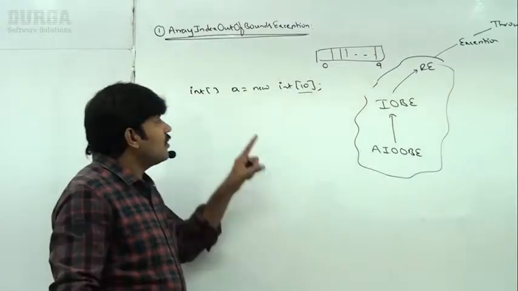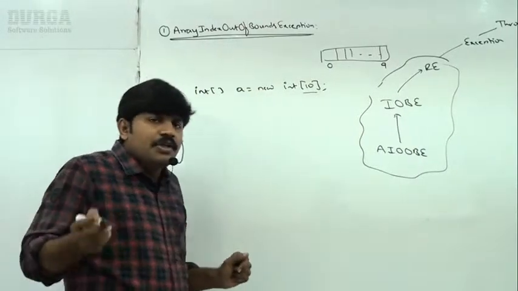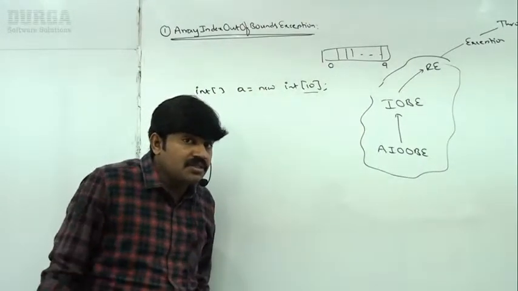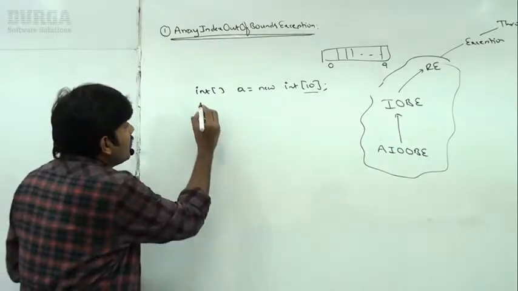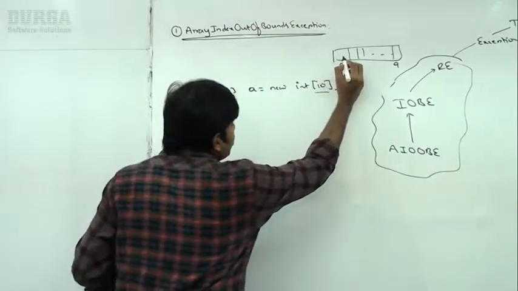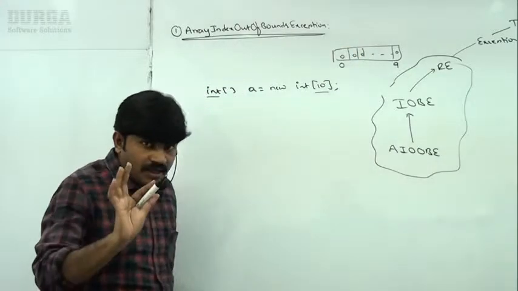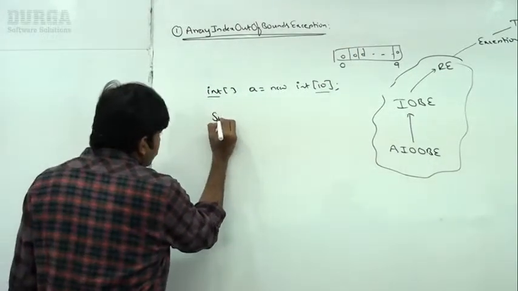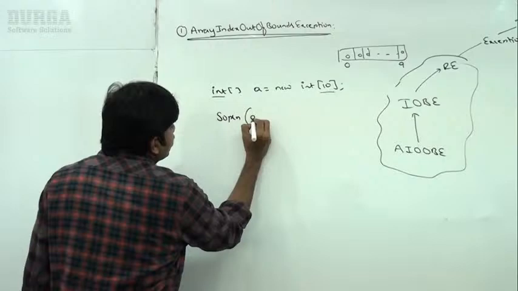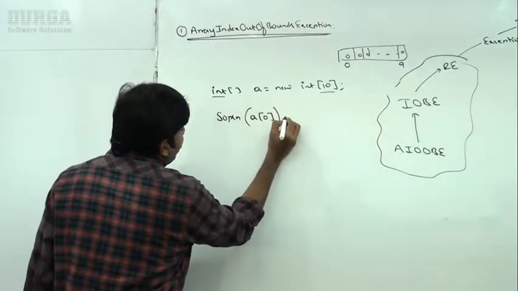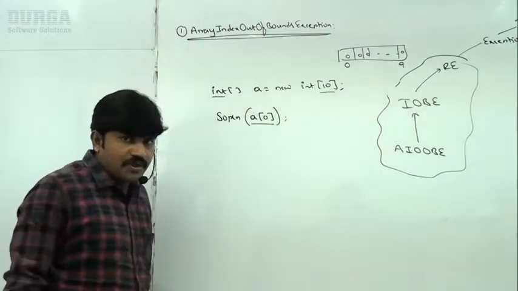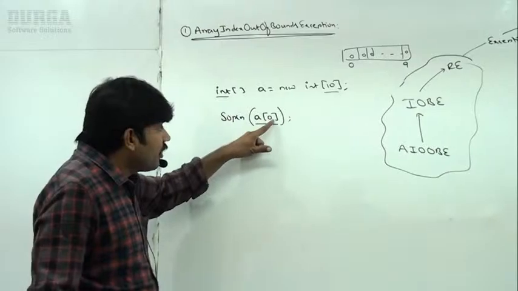Once we create an array, every element is by default initialized with the default value. What is the default value for int type? 0, 0, 0, like this. Now I'm trying System.out.println of a[0].